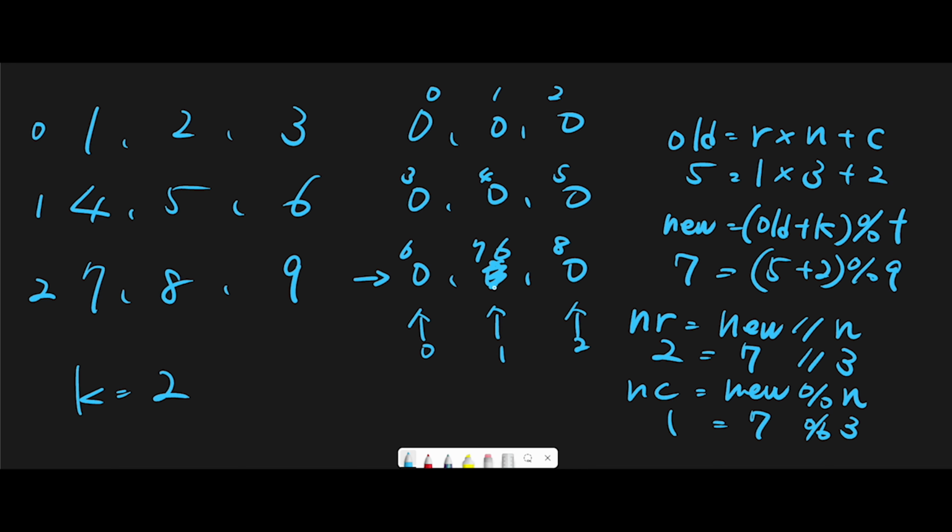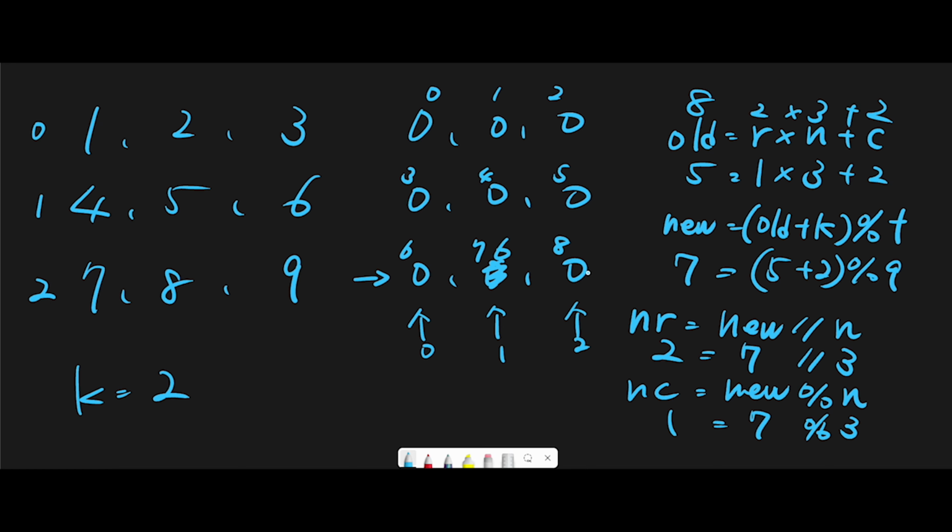And we take one more example. Let's say 9. We calculate the old position. The row should be 2, so 2 multiply 3 plus the column, which for 9 is column 2. 6 plus 2 is 8. So if we convert the 2D array into a 1D array, this position is index 8.